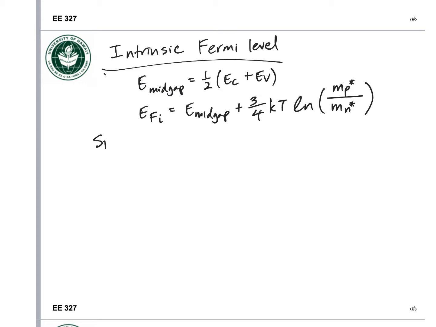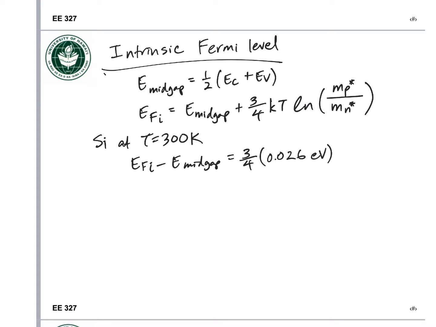And so let's take a numerical example. So silicon at room temperature. Plug in some values. What's kT? Okay, that's a good number to remember. It'll make things faster.